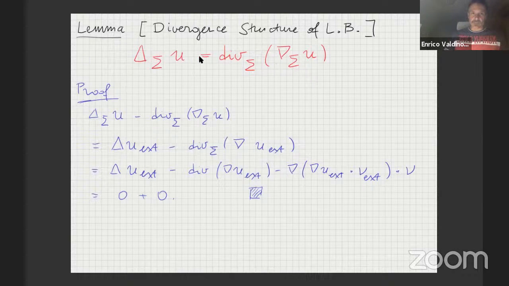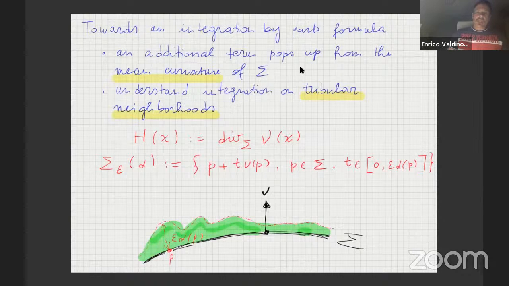So the Laplace-Beltrami operator has a nice divergence structure. And we understood that basically what goes wrong if you try to argue as in the flat Euclidean case is that your surface sigma has a mean curvature and that the mean curvature plays a role.